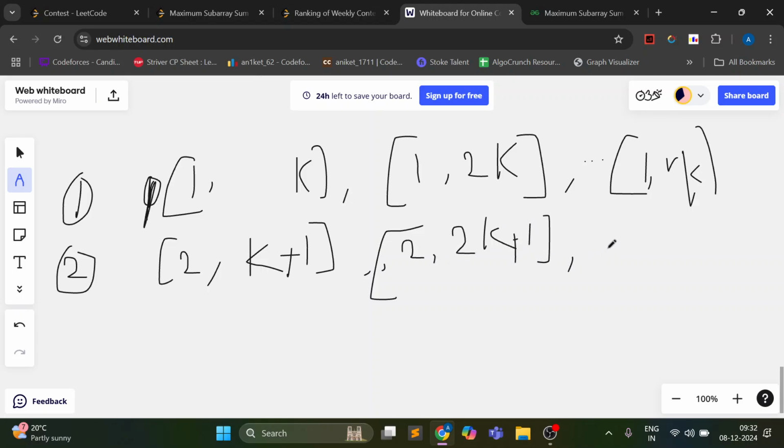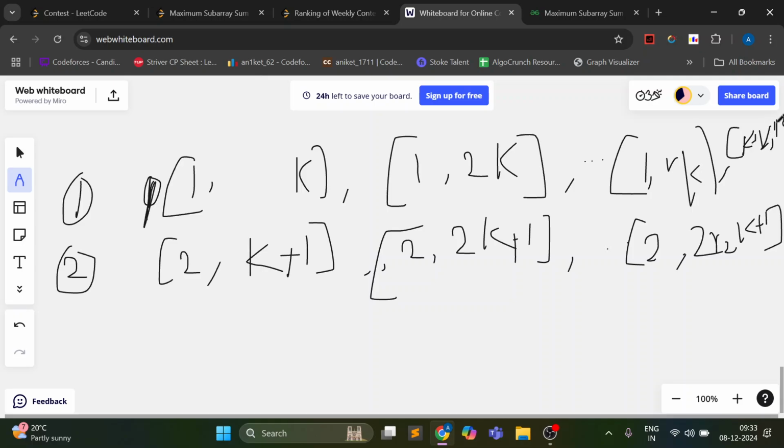And this would go up to 2 to rk plus 1, such that rk plus 1 is less than or equal to n. Now these are not the only possibilities. In the first case, another possibility can be k plus 1 to 2k.